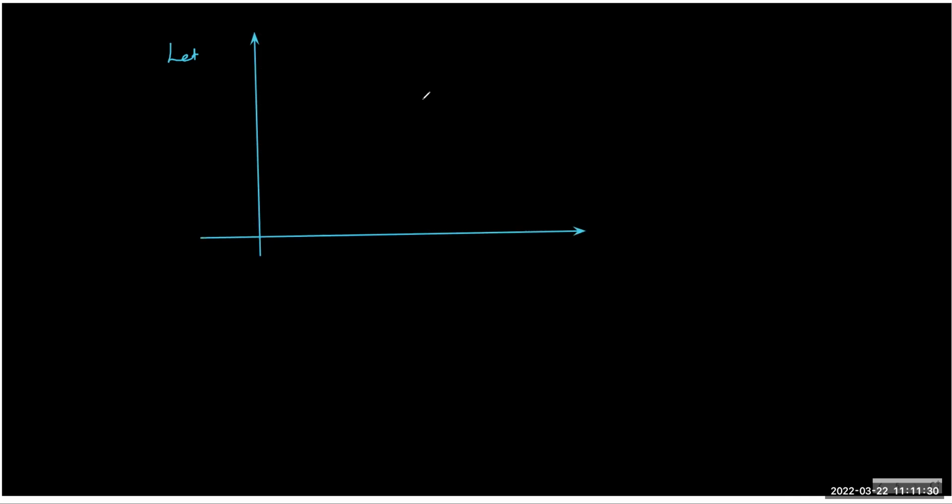Let's say a particle is at rest at this position, and the coordinate is given by the position vector r naught. So let's say this is the mean position in two dimensional space or in three dimensions. Doesn't matter.